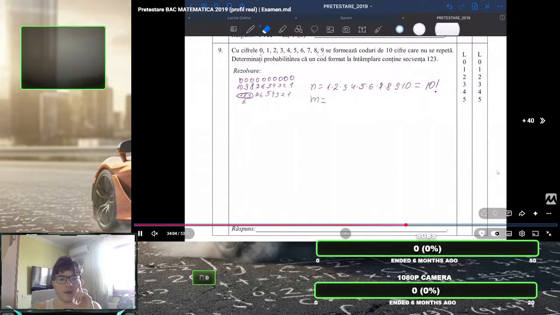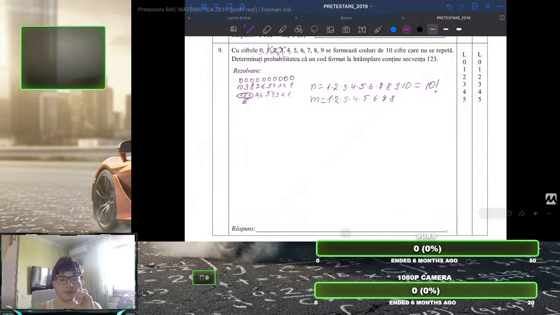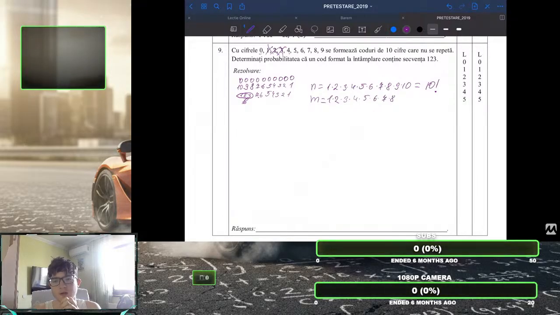So it can either be here. 8's right there, so pretty much 8 cases. So 1, 2, 3, 4, 5, 6, 7, 8. 8 cases of it being switched around, as we need to have the sequence 1, 2, 3. So basically 8 cases, and the rest of them is 7 exclamation mark.